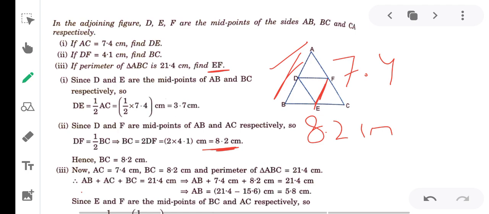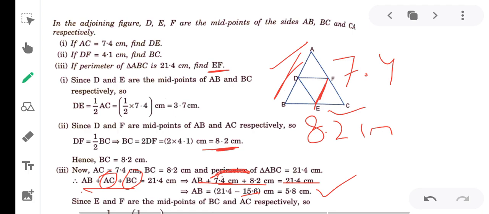Perimeter means AB plus AC plus BC. So AB plus 7.4 plus 8.2 equals 21.4. So AB equal to 21.4 minus 15.6 centimeter, that is 7.4 plus 8.2. So AB equal to 5.8 centimeter.